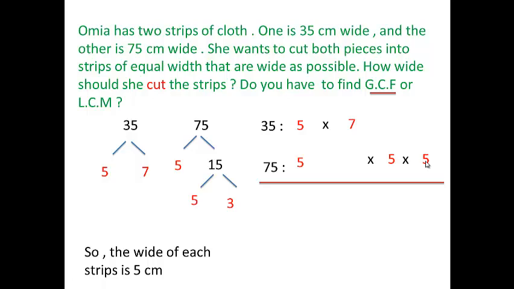Okay, now GCF: take the repeated numbers. We have here one column, 5 up and 5 down. We will take only one 5. So GCF here is 5. So the width of each strip is 5 centimeters.